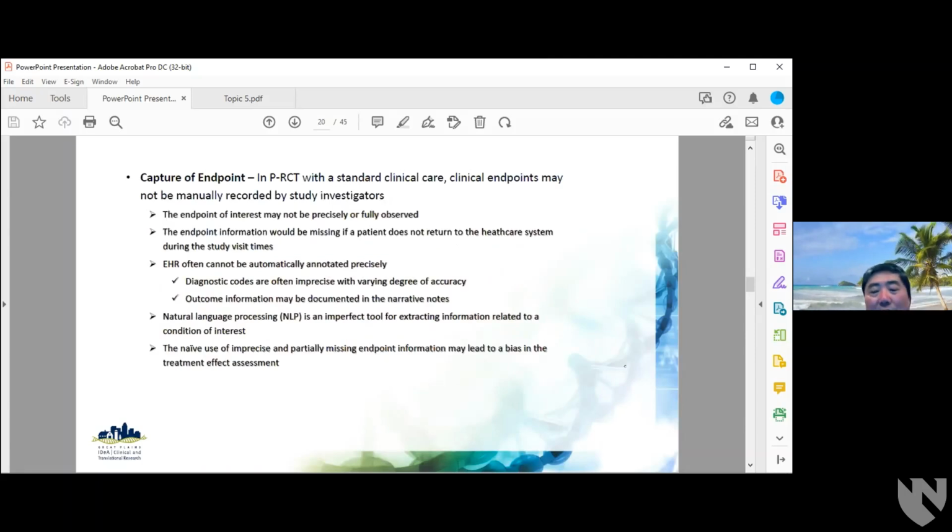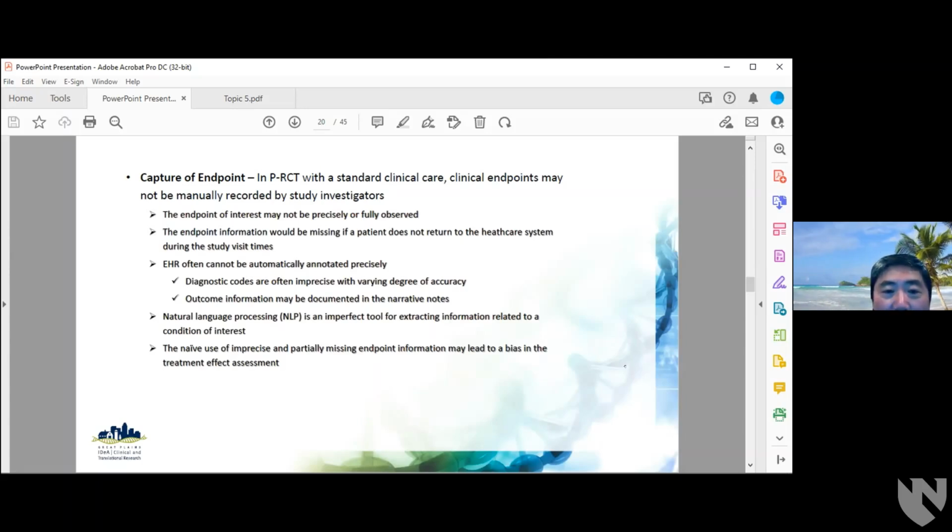Then another thing to think about is the endpoint, because in the pragmatic trial, as we see in the RCT, generally speaking, the data we're getting is quite accurate because of the CRF, the case report form, and also validated by multiple people, at least two study coordinators.